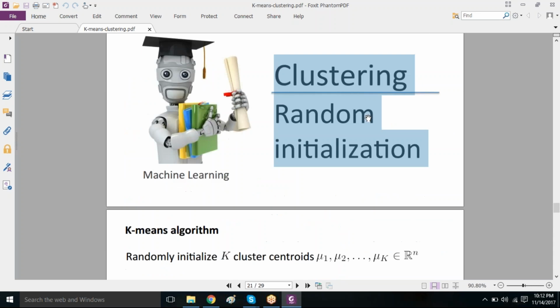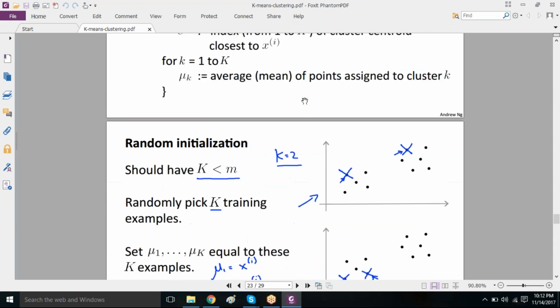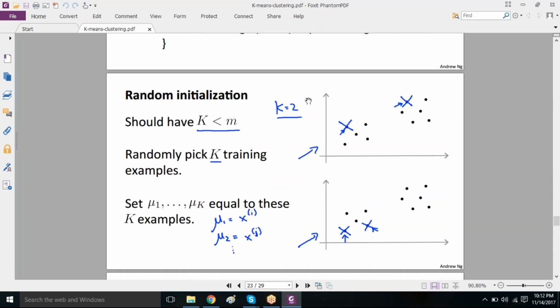Now, random initialization in clustering, as I told you, is the first step when you have been given unlabeled data points for which you don't know the class. Randomly choose the two centers.